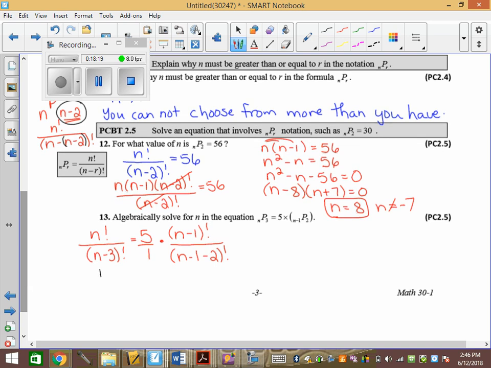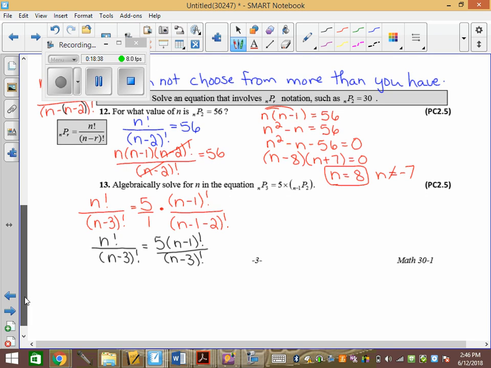So I have n factorial over n minus 3 factorial equals 5 times n minus 1 factorial over n minus 3 factorial. Instead of expanding those all out like crazy, if we know that this denominator is n minus 3 factorial and we know the other denominator is n minus 3 factorial, what can we say?